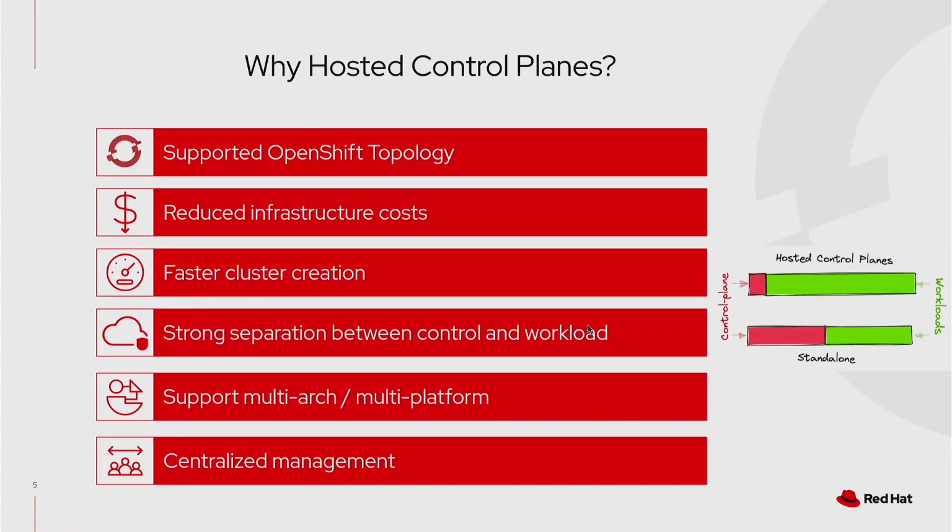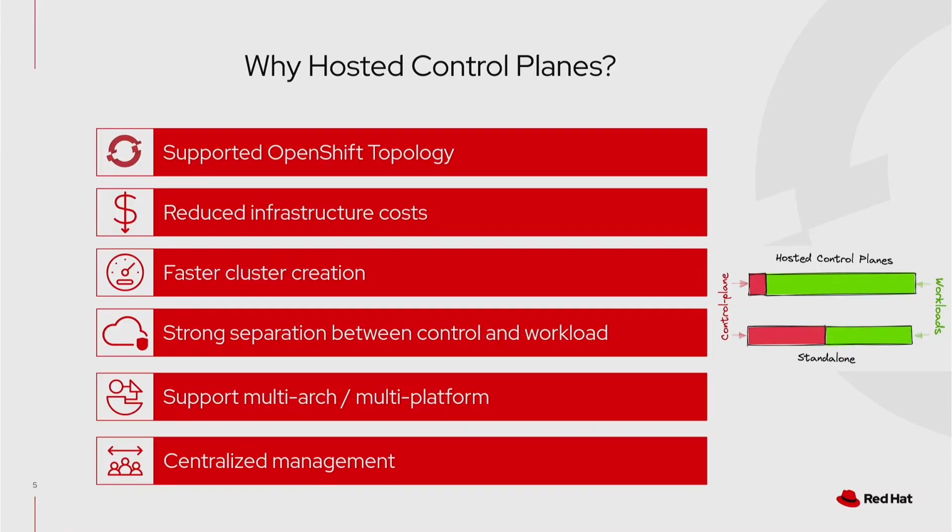So why would you even consider them? I think I've already hinted as to why. One, it supports the OpenShift topologies. Two, it reduces infrastructure costs and gives faster cluster creation time, because you're no longer taking a bare metal machine, writing RHCOS to the machine, and then instantiating the cluster for the control plane. You're actually spawning those containers as instances on an already existing OpenShift cluster.